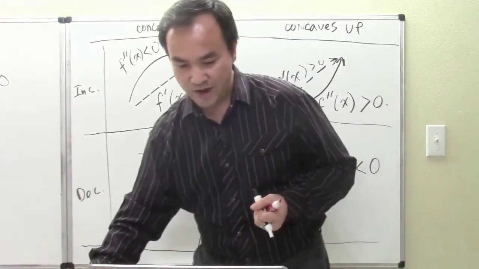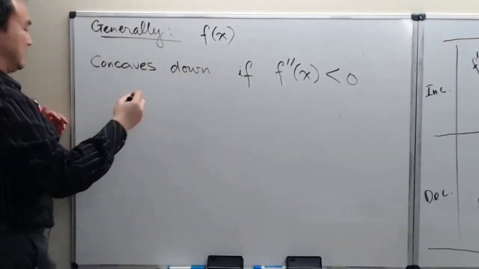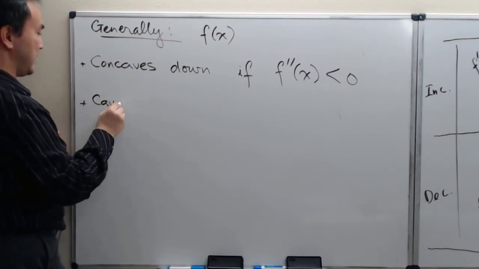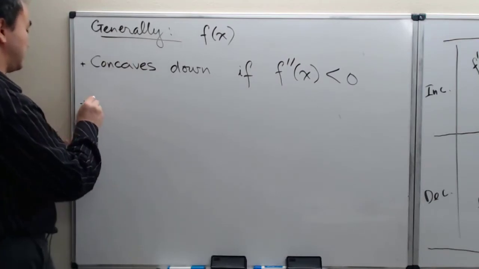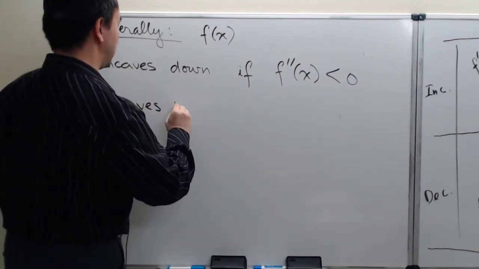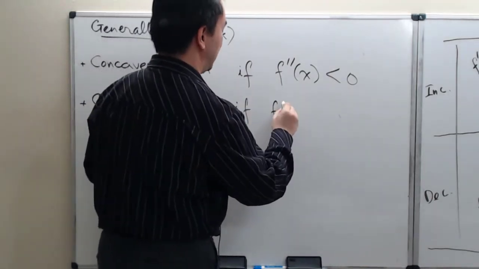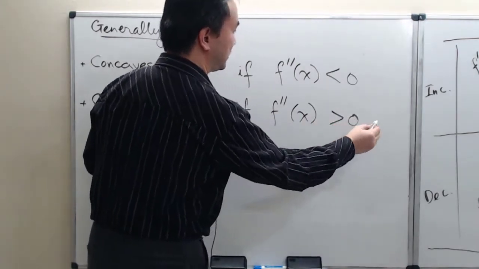And so similarly, in another case here, the function f of x concaves up if f double prime is positive.